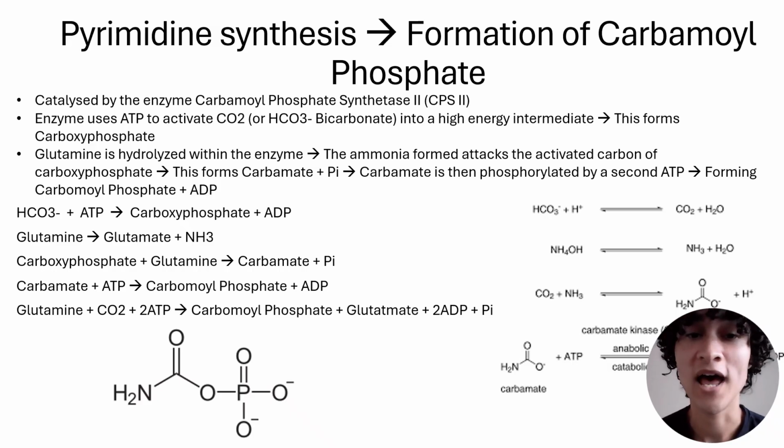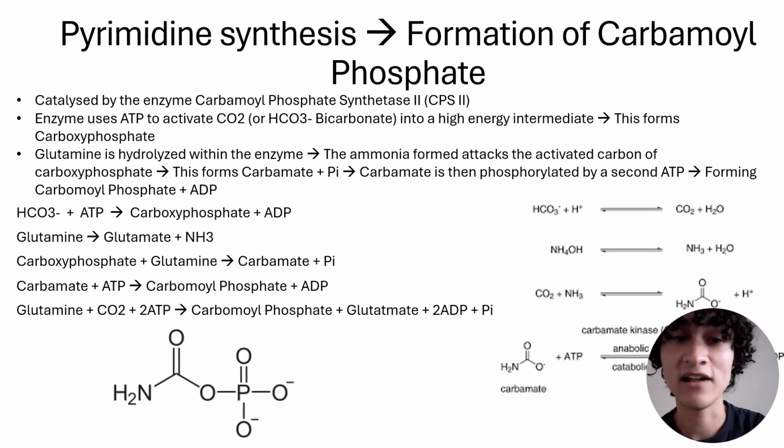First of all, ATP is used as a phosphate donor to activate CO2, and that CO2 comes from bicarbonate, or HCO3, and this forms carboxyphosphate, which is a high energy intermediate, so it's very reactive.